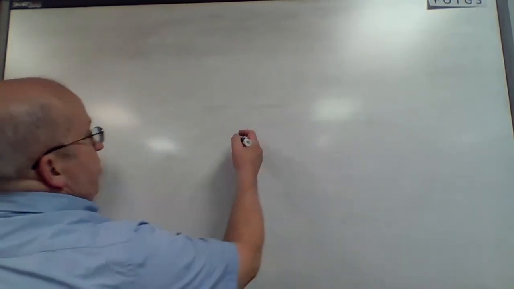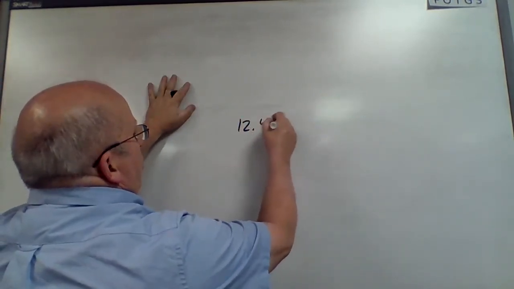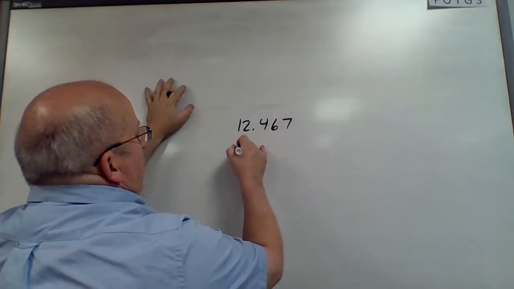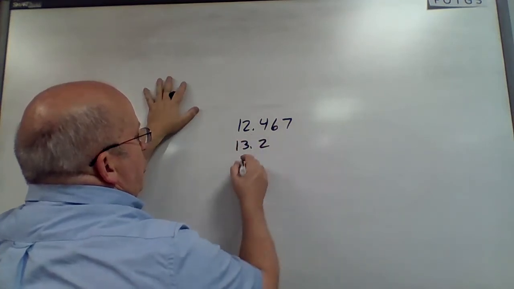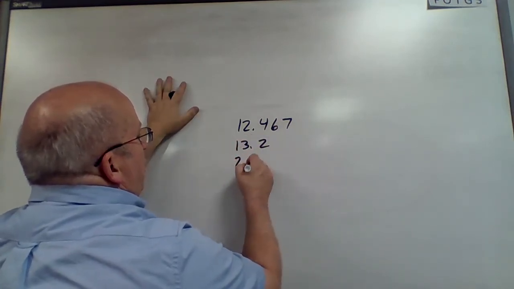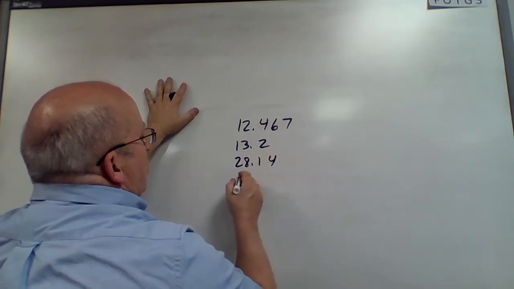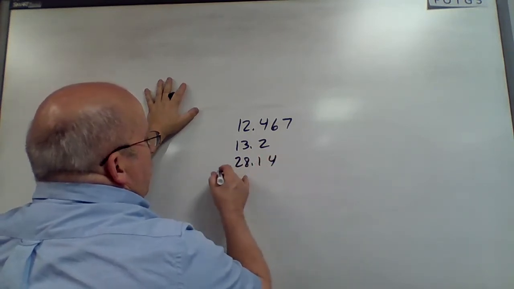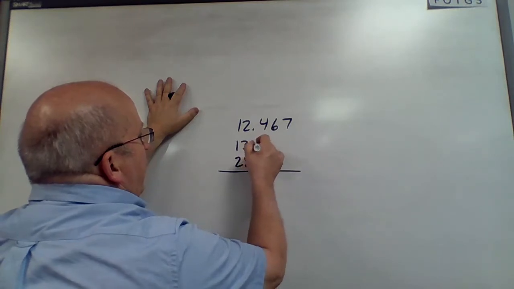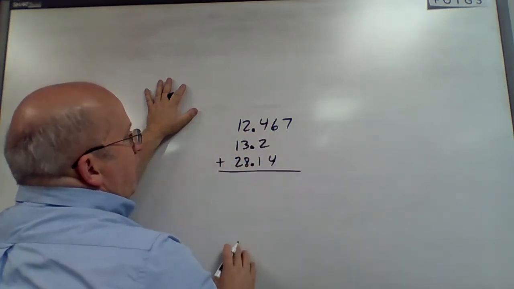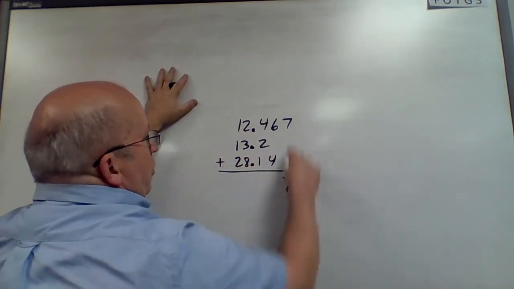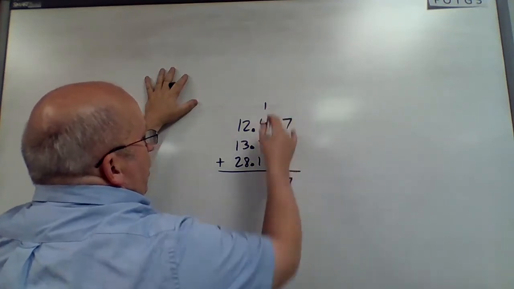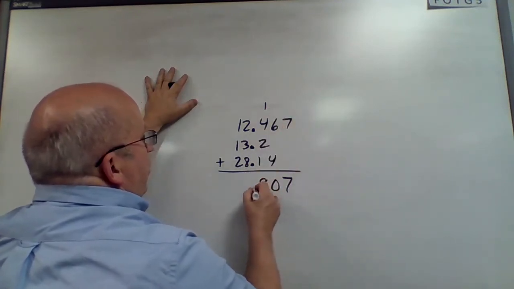So if I have these numbers, 12.467, 13.2, 28.14, and we'll call it even on that. That's enough numbers, and we're adding them up. The first thing we do is we do the adding, and so I'm working on that.